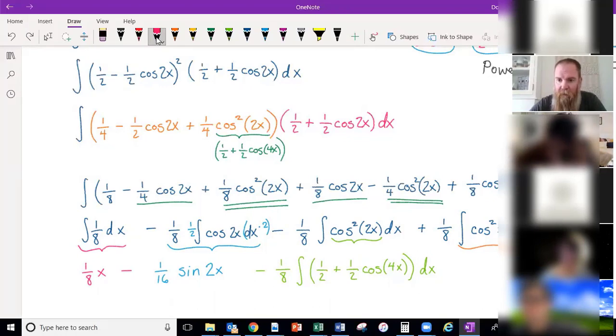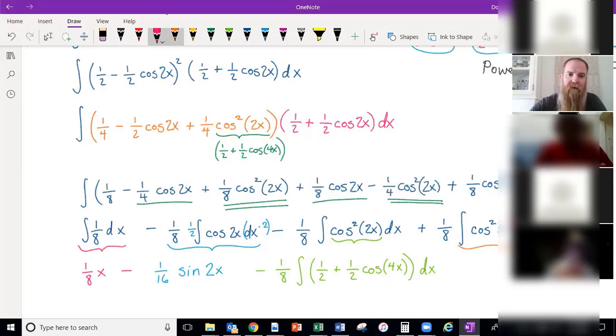That's right. We're going to recognize that the whole purpose of separating off the single power was to make that du. What is cosine x the derivative of? Sine x. Which is why what we're going to do now is, again, just take out that 1/8.